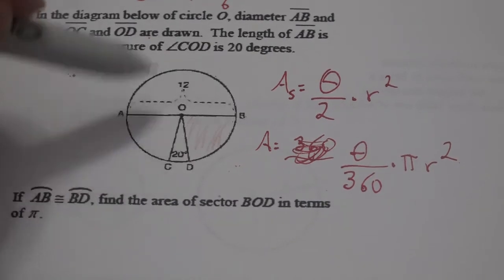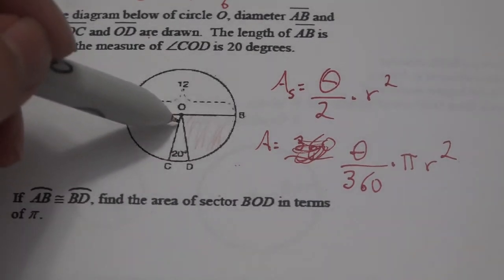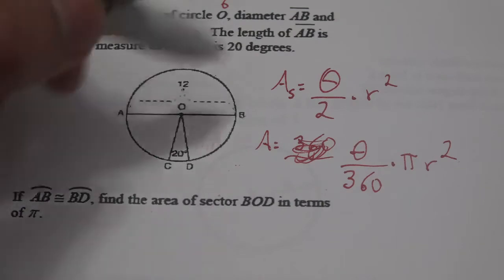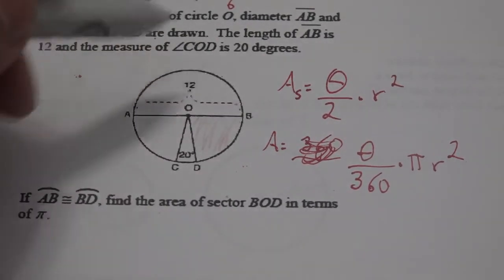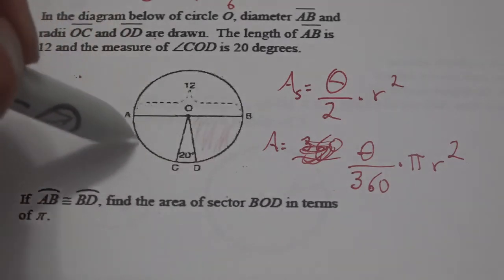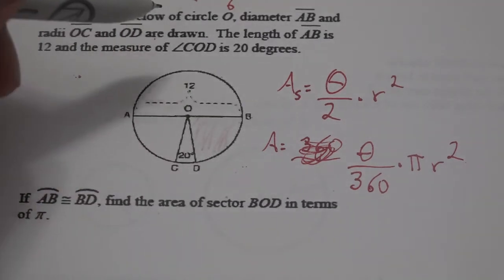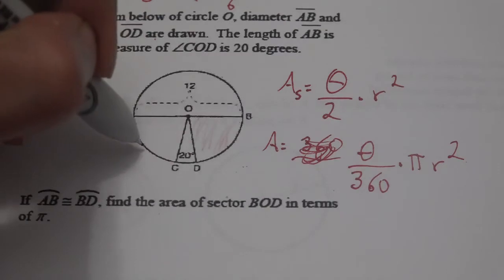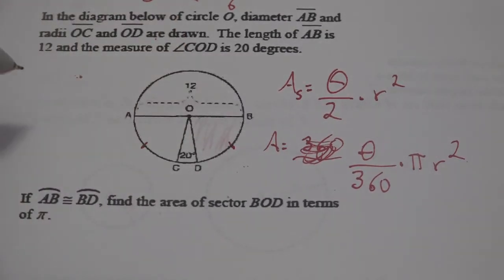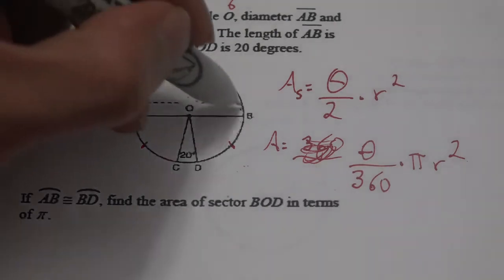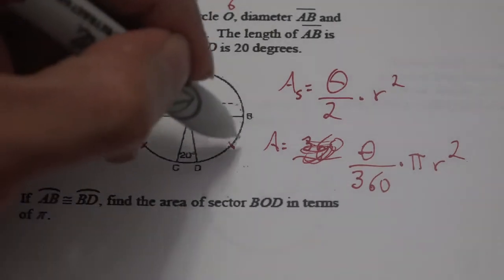So here the angle is 20 degrees. Now, arc AB is congruent to arc AB, and these two arcs are congruent. How do I know that? Think about it: this is 180, so that means this is also 180.